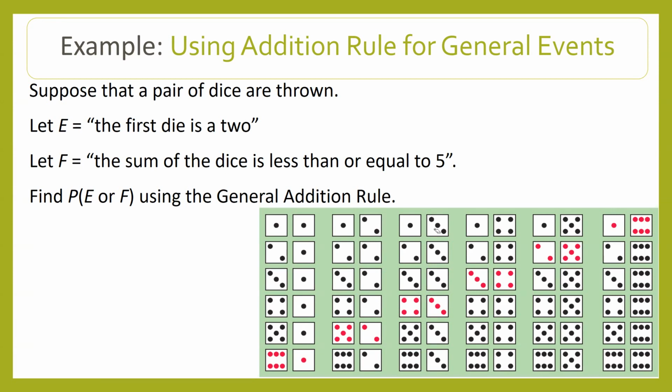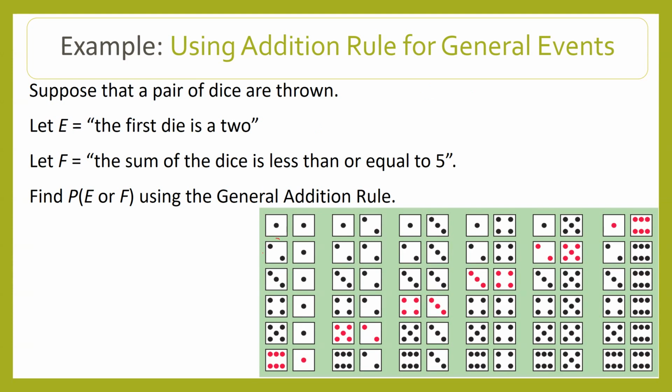All right, so first, let's look at event E. What is the event E? Event E is that the first die is a 2.